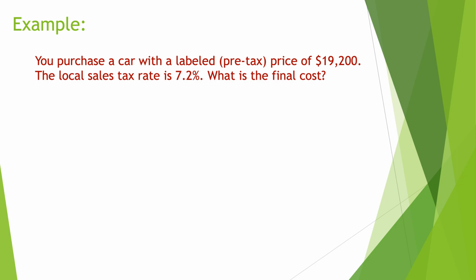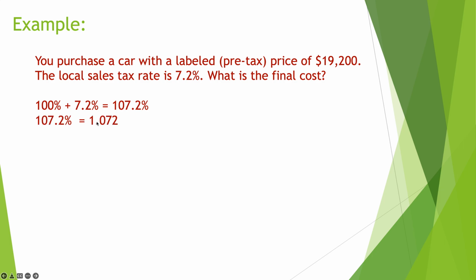So again, you could figure out 7.2% of 19,200 and you could add it to the cost of 19,200, but we're trying to take it to another level here. The car's price is 100% and the tax price is 7.2%. So altogether, you're going to pay 107.2% of that sticker price that you have.